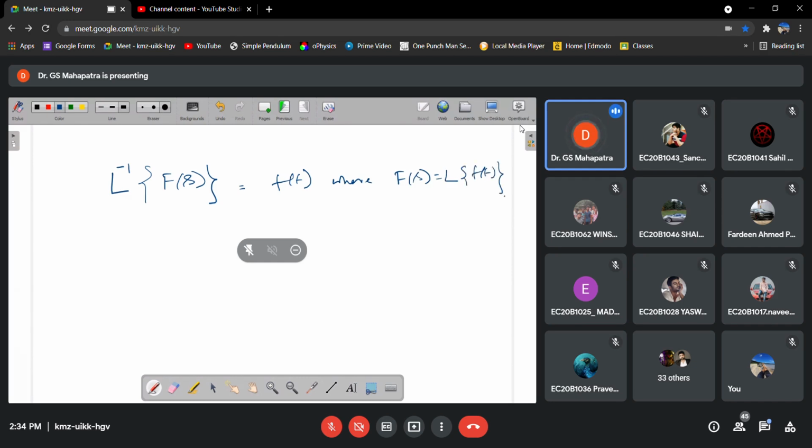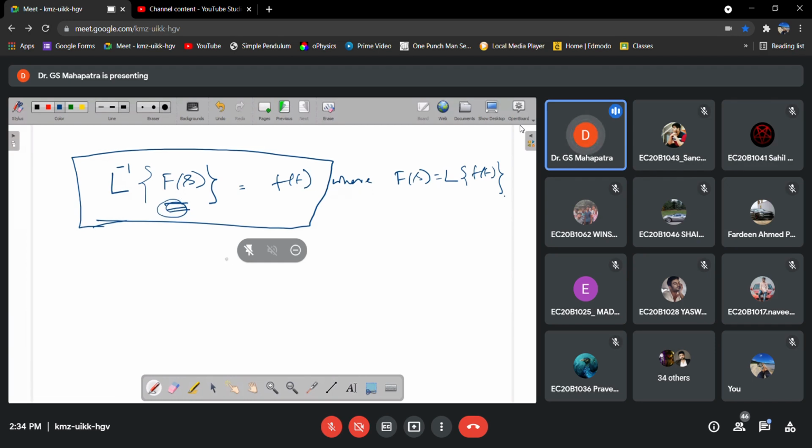So this is the inverse Laplace transform. If we take the inverse Laplace transform of the Laplace transform of f of t, we get f of t.